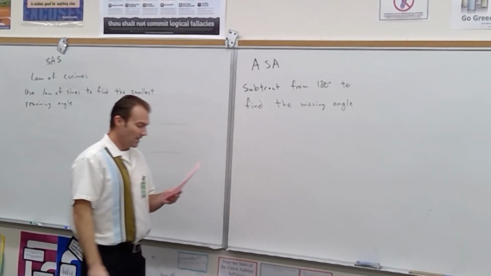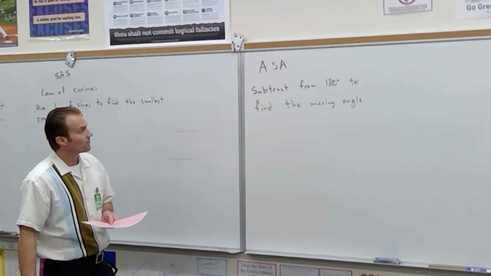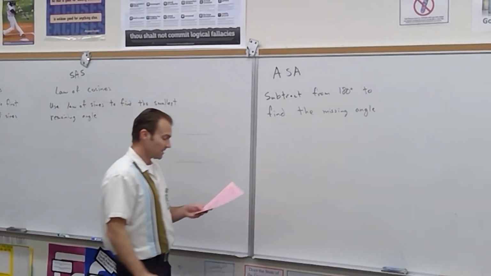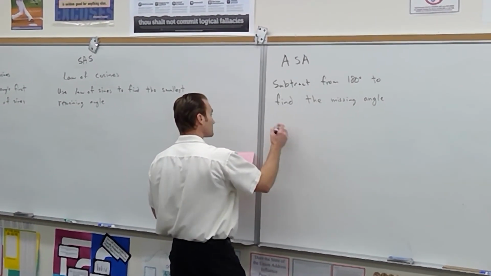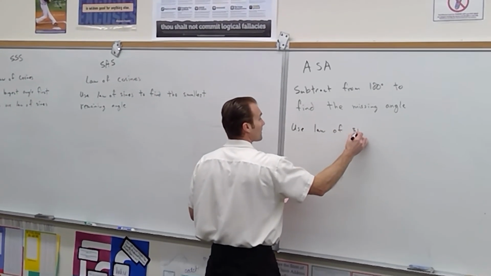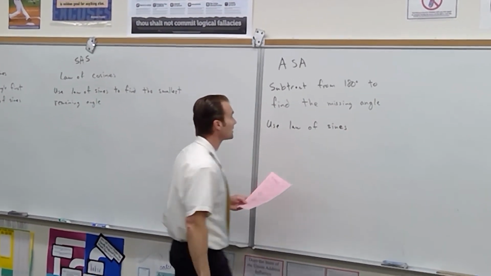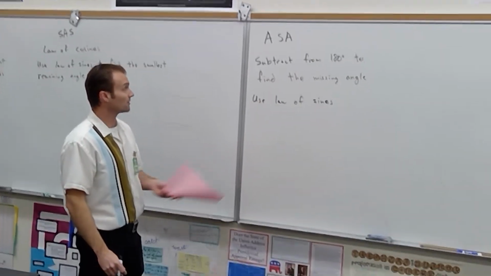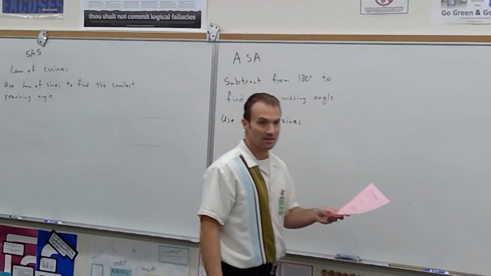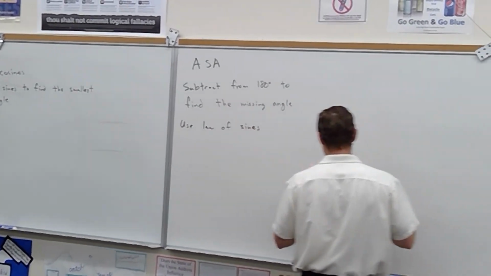At this point, jump over and use law of sines to find your missing sides. You could, of course, if you love law of cosines, use law of cosines. But typically law of sines is faster and easier for most students.